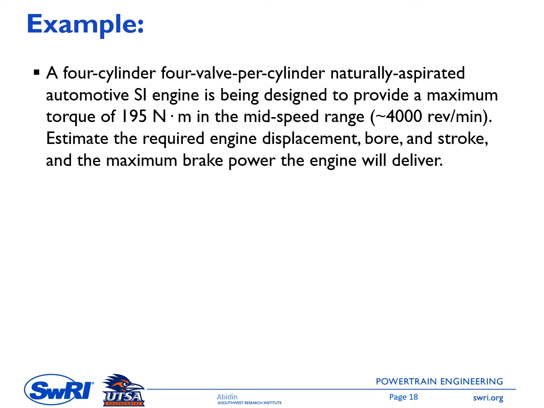The engine is being designed to provide a maximum torque of 195 Newton meters in the medium speed range, in this case 4000 RPM. The question is the estimated required engine displacement, bore, stroke, and maximum brake power the engine will deliver. Let's take a look at the solution of this example.